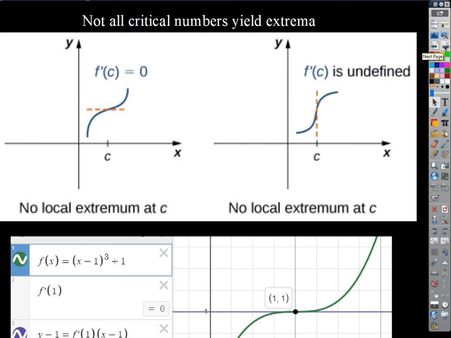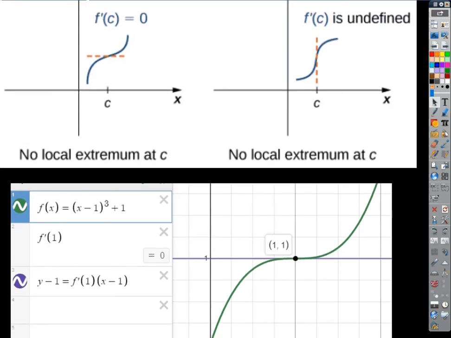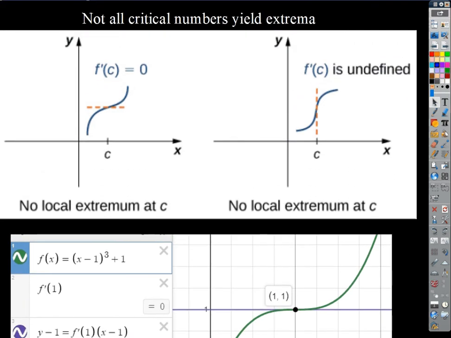So not all critical numbers yield extrema. Here's an example we looked at. Here's another one. How come that's a false alarm? What's going on with the derivative there? Undefined, how come? Vertical tangent, right? What's the slope of a vertical line? It's undefined, right?